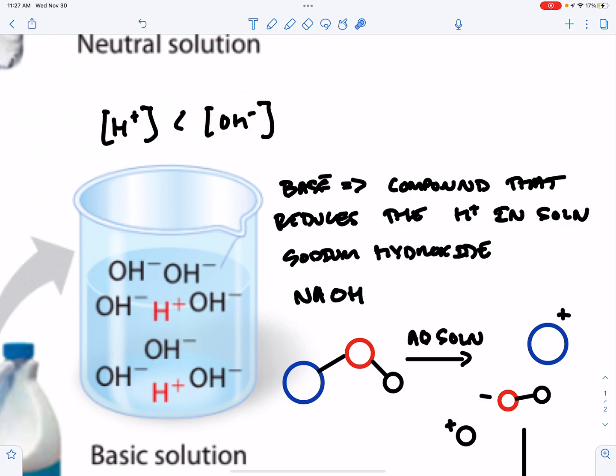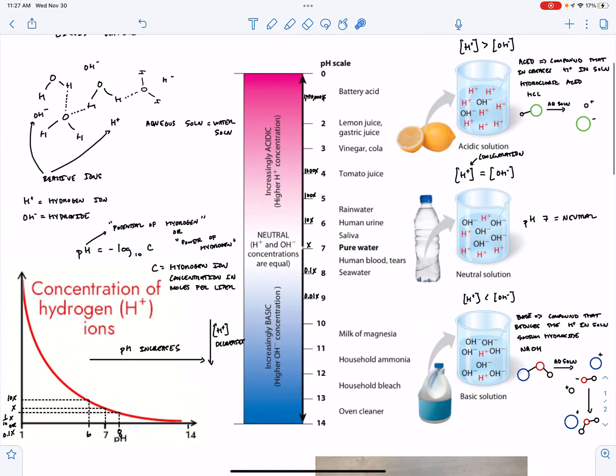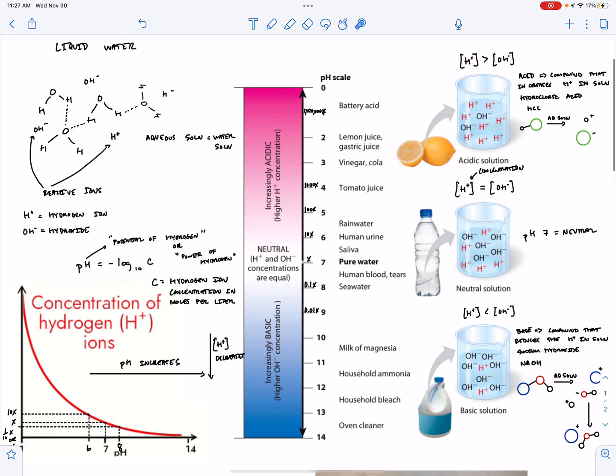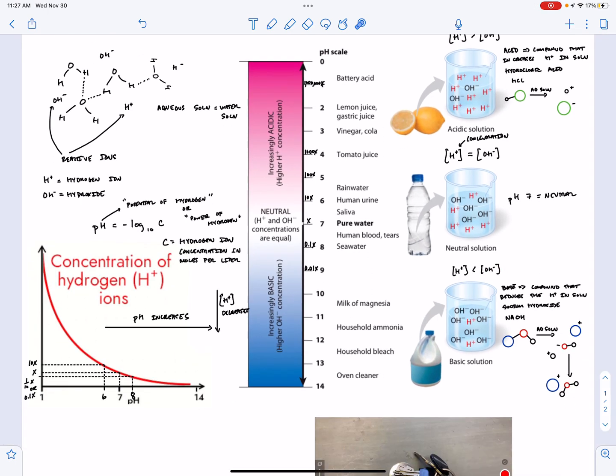So you're going to have to think about what this will cause as well. So very basic, very acidic solutions have a bunch of free ions, either positive or negative ions in solution. Okay, that's going to come back into play in a few weeks when we talk about enzyme structure and function. So keep that in mind.